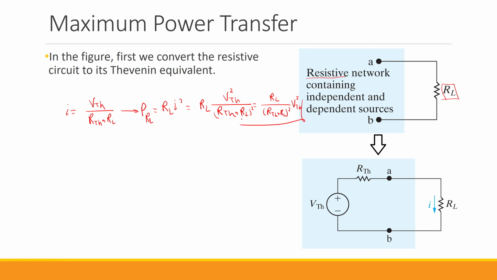So this is the equation for the power that is being delivered or is being consumed by RL. So how can we maximize this?